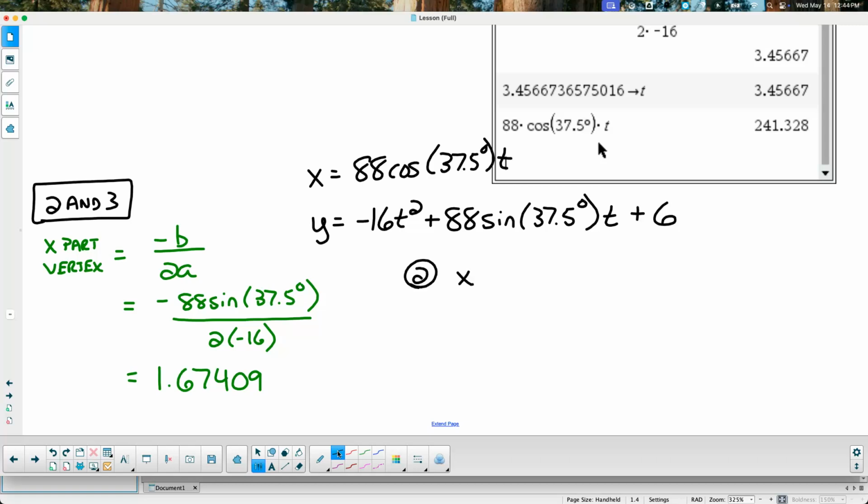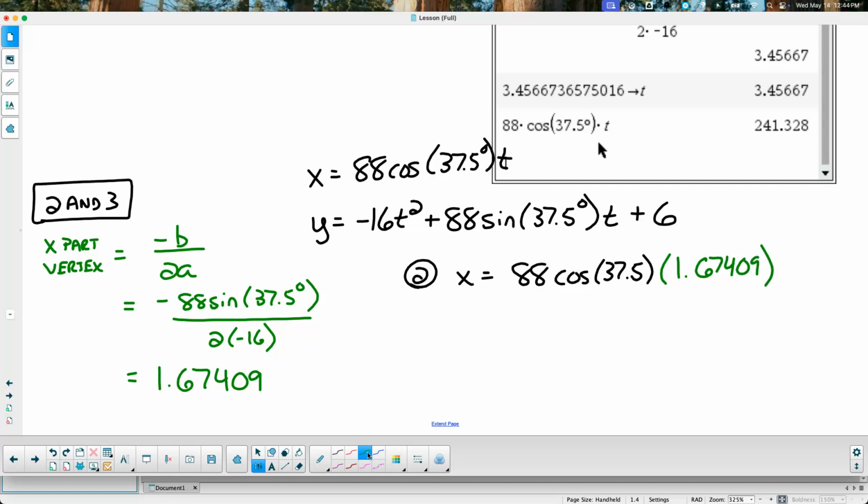Well, that's going to be the x equation. So I'm going to go 88 cosine of 37.5, but now I'm going to multiply that by 1.67409.